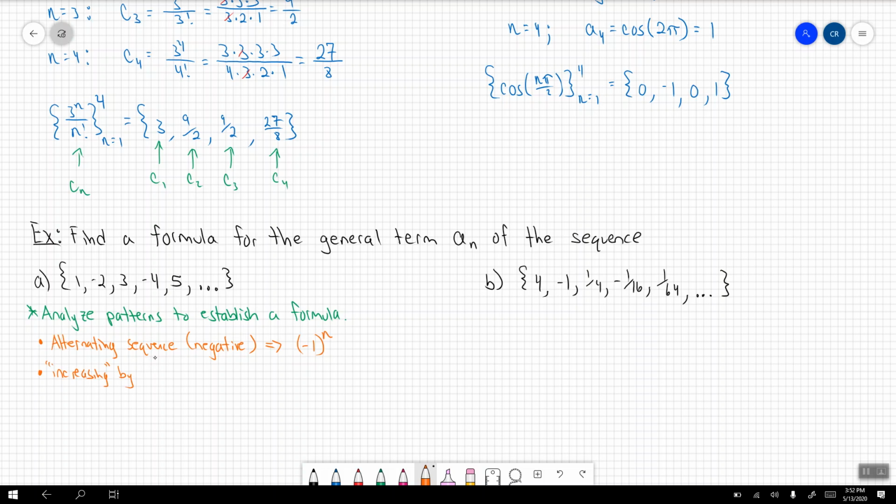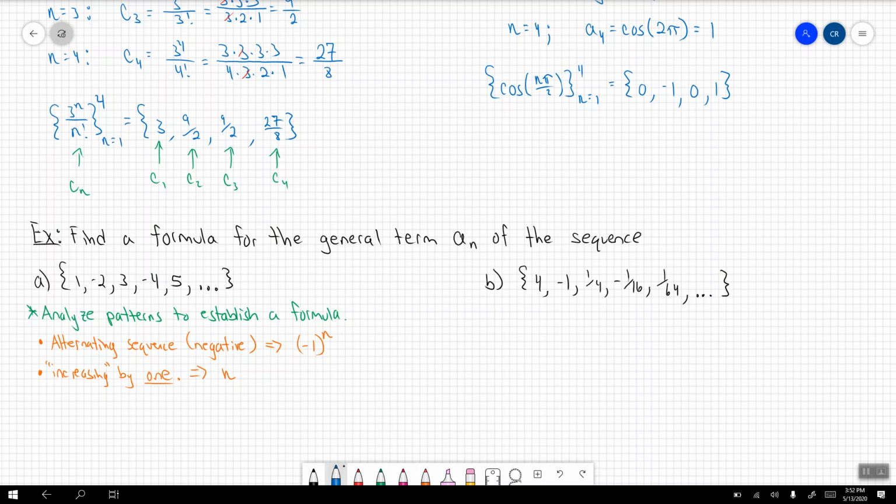This tells me that my overall function should just be n. Because if it's increasing by 1, these are all whole numbers that start at 1, so we go from 1 to 2 to 3 to 4. That just means I'm explicitly writing n.